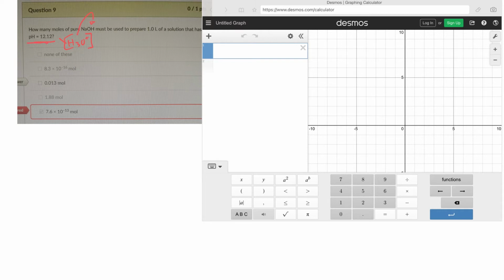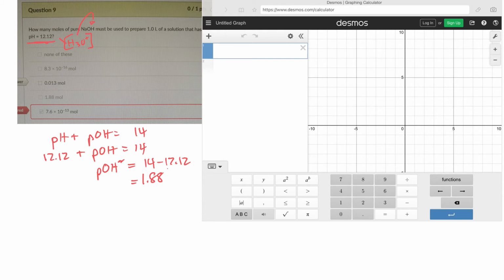So why don't we figure out the pOH first? So I know that pH plus pOH is 14. If they give me the pH is 12.12 plus pOH is 14, then the pOH is equal to 14 minus 12.12, or that's 1.88, I think.